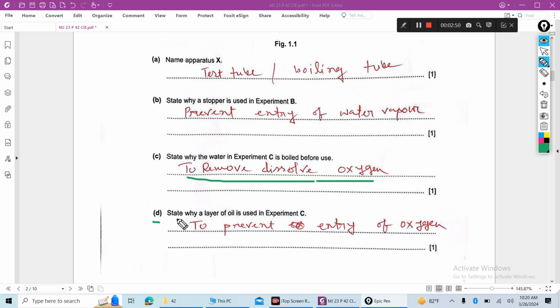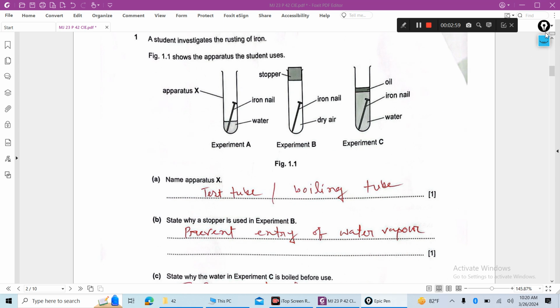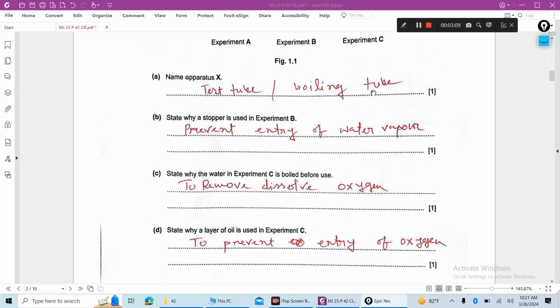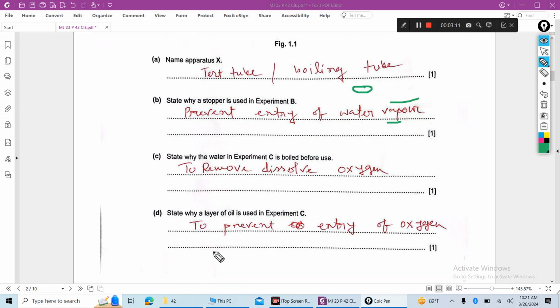D, state why a layer of oil is used in experiment C. Layer of oil, you see, this is the oil layer, iron nail, water. So the function of the oil layer is to prevent entry of oxygen.